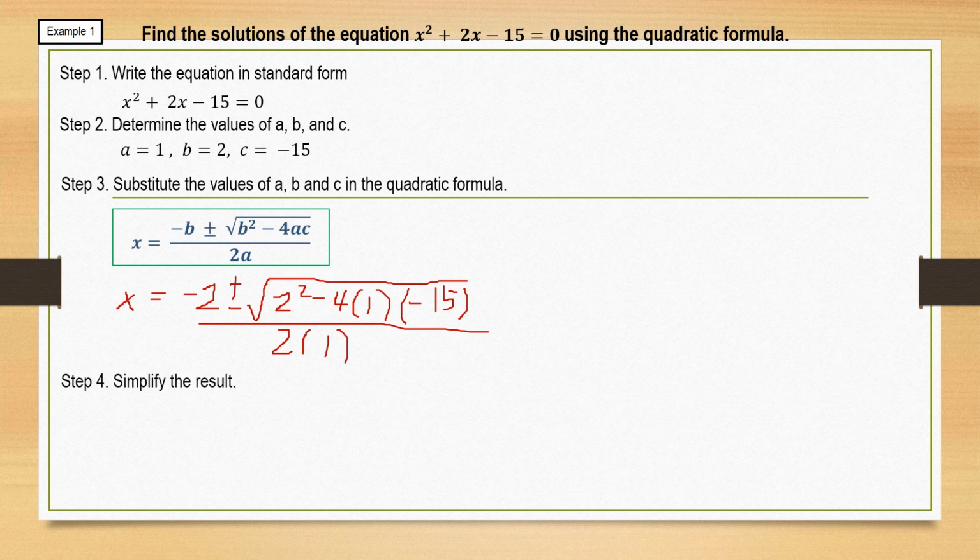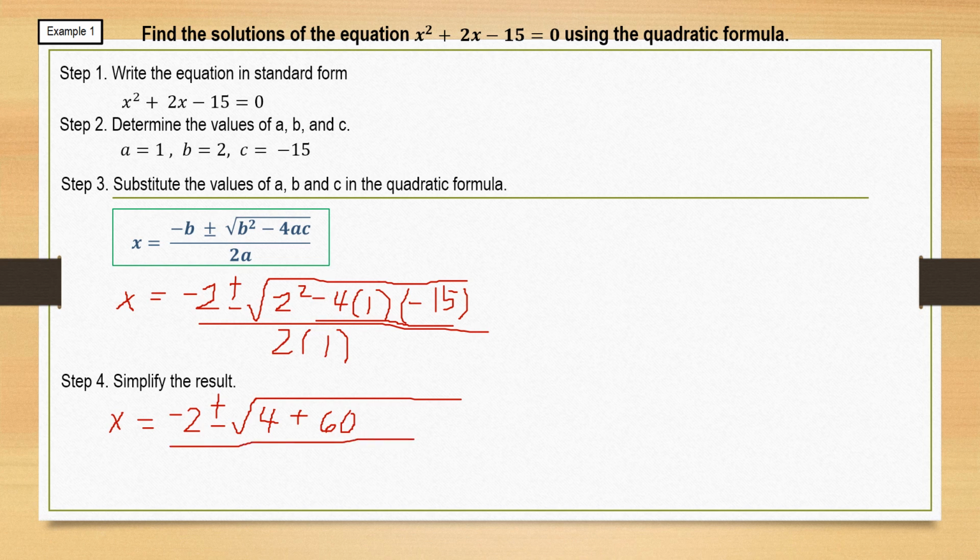So the next step is to simplify the result. So we have negative 2 plus or minus the square root of 2 squared, which is 4, minus 4 times 1, which is negative 4, times negative 15, that is positive 60, all over 2 times 1, which is 2.